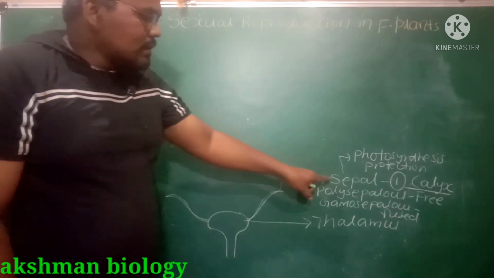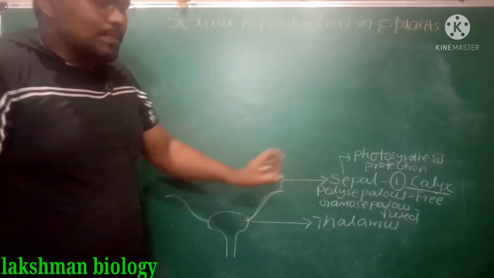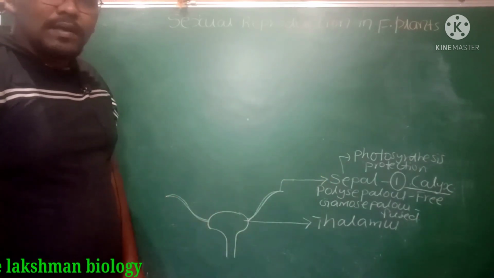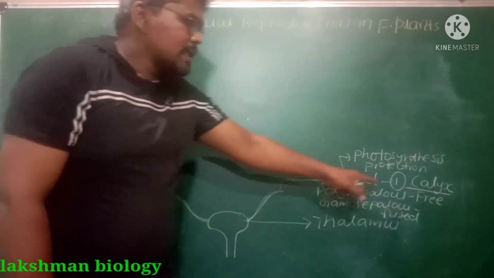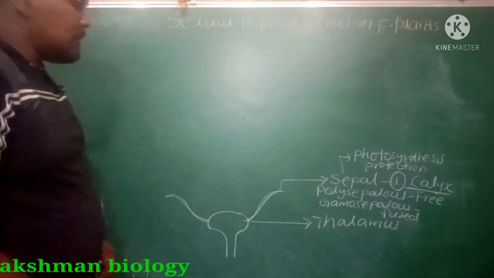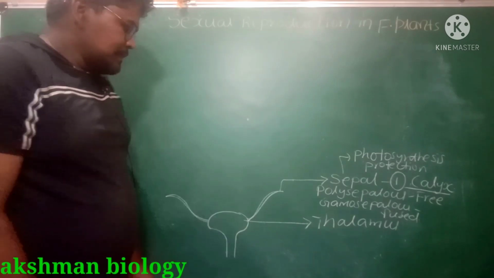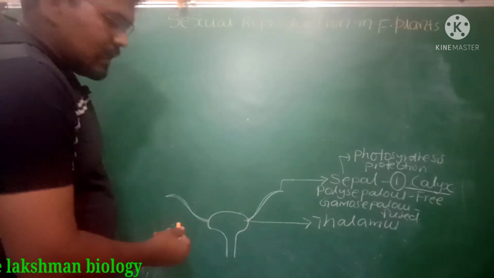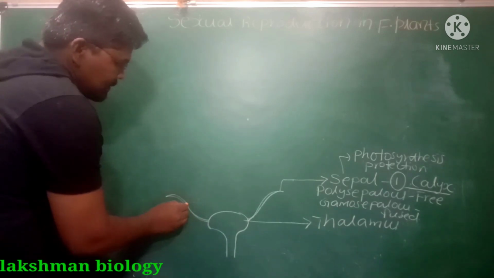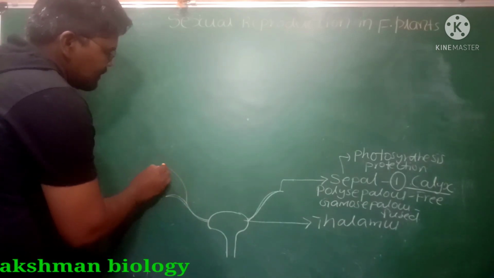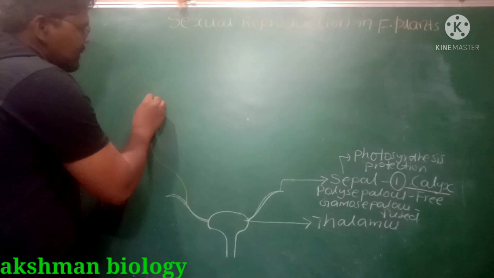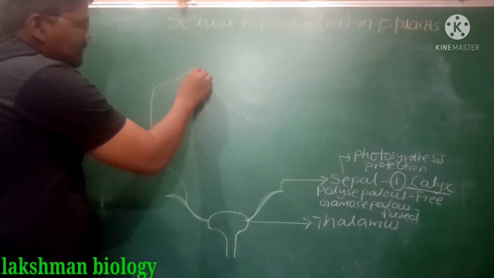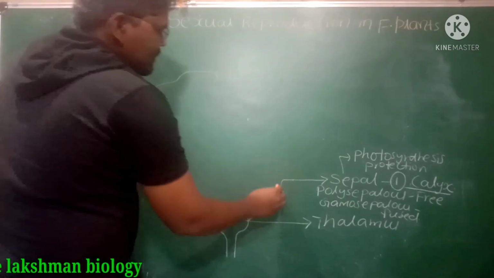That is about the sepal. All sepals which are present in the flower combinedly form the calyx. That is the first part of the flower. Then there are brightly colored structures present in the flower that are used for the attraction of insects.